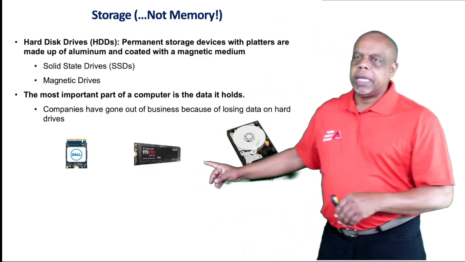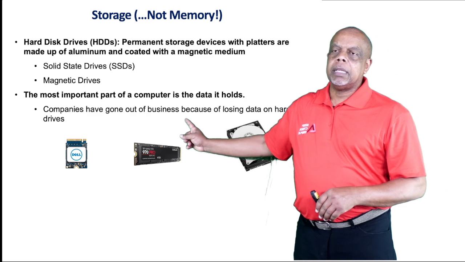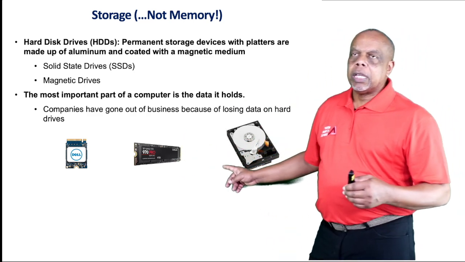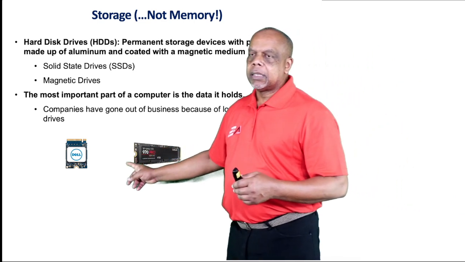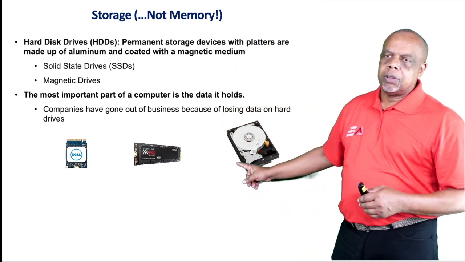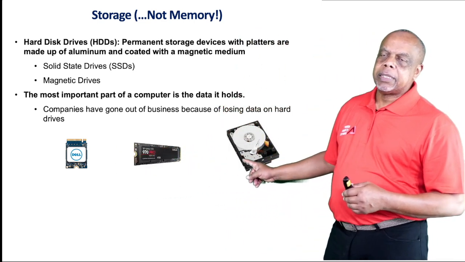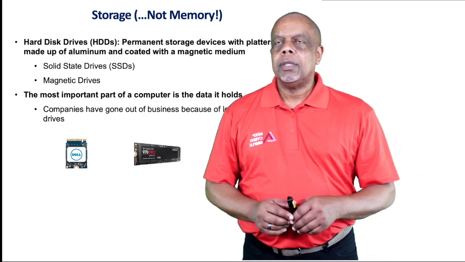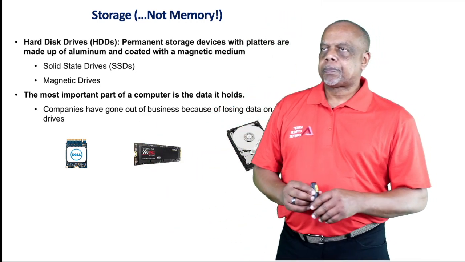So you don't have this big, large hard drive anymore like it used to be. And you get much more capacity. The capacity you probably had on this drive was maybe 1 terabyte. Now you're getting 1, 2, 3 terabytes on these little small cards, these solid state drives.